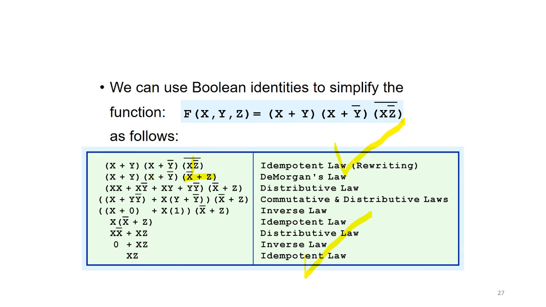Then we did the commutative and distributive laws together. As you can see, we did the commutative and distributive law together, this thing remaining the same as the previous one, but here we did a little bit of simplification. So as you can see from the previous slide, x and x multiplied together gives us a value of x. This y bar remains the same as it is, but we have grouped it together, right?